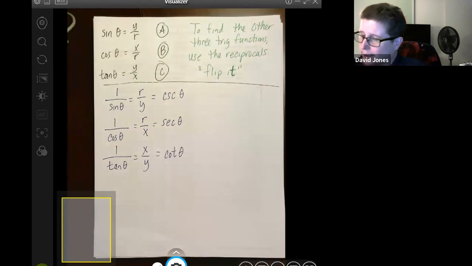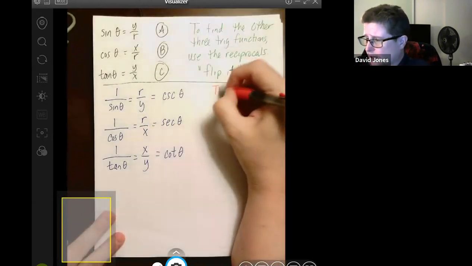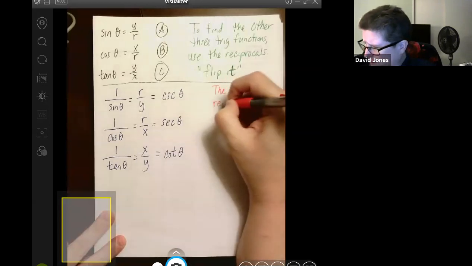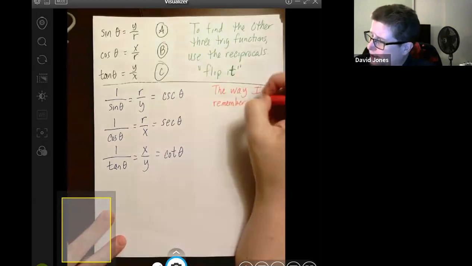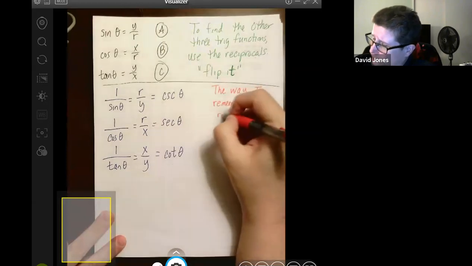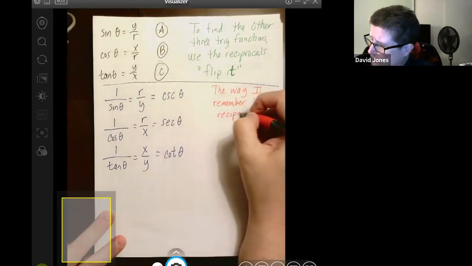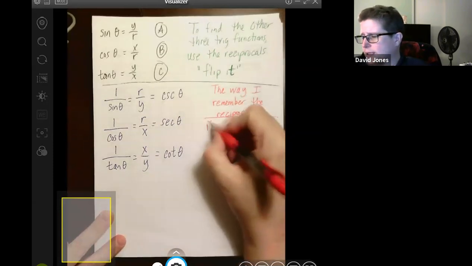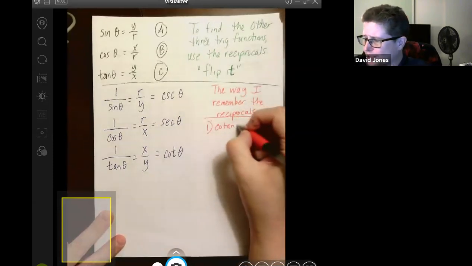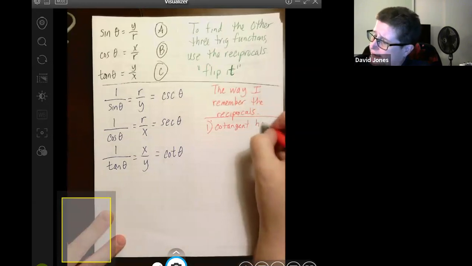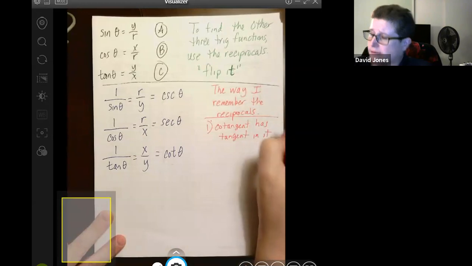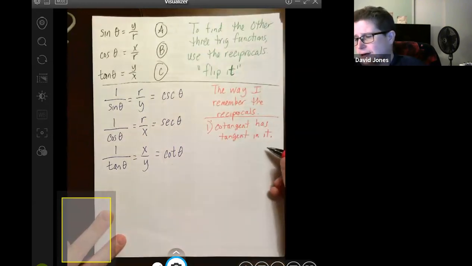The way I remember it, which one goes which way? The way I remember the reciprocals. One, cotangent has the word tangent in it. So they're linked.